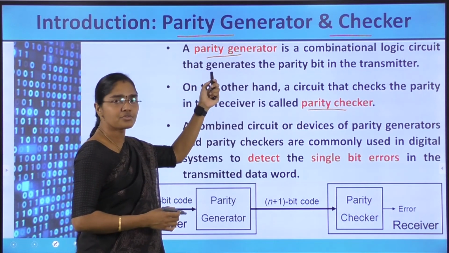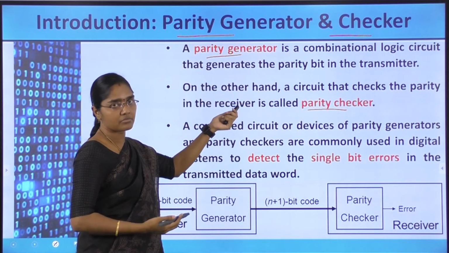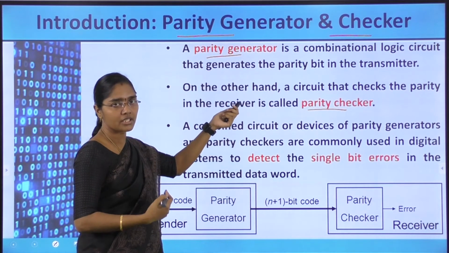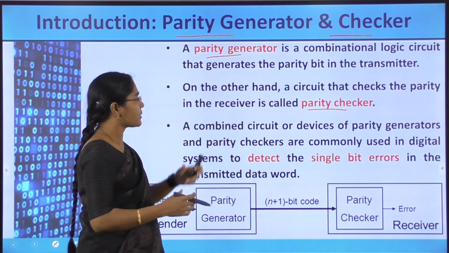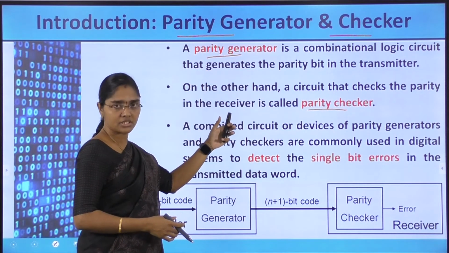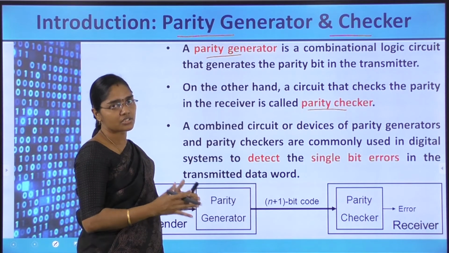The parity generator is used to generate a parity of even type or odd type, and similarly the parity checker is used at the receiver side for checking even parity or odd parity. Combined, the parity checker and parity generator are used in our systems for error detection.